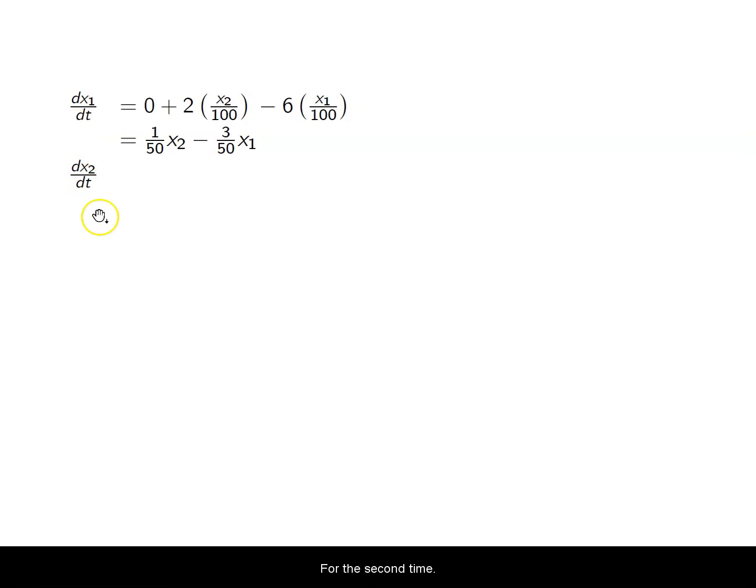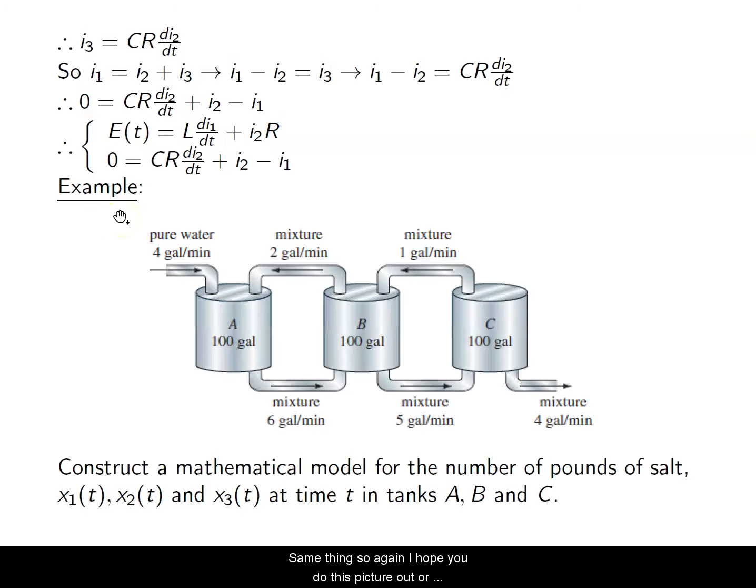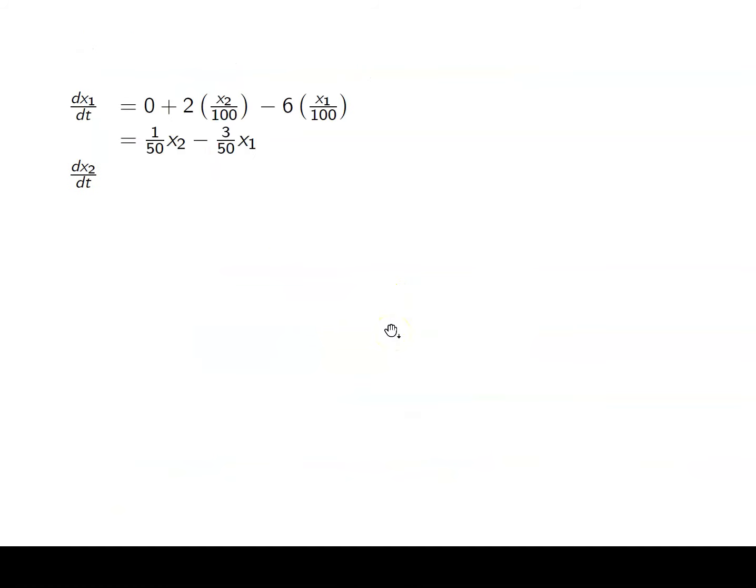For the second tank, same thing. Again, I hope you drew this picture out, or you're looking at the notes that I have for you so you can see what this picture is. So what do I have coming in? 6 times x1 over 100, plus 1 times x3 over 100.